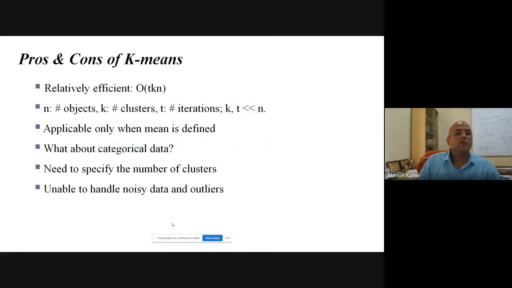As I think we have already discussed, it is efficient because it is of the order of TKN. That means the number of clusters you are looking for, the number of points, and the number of iterations we are going for.